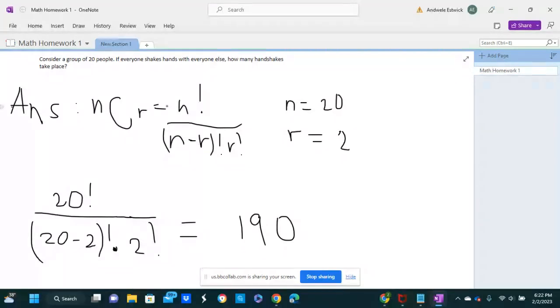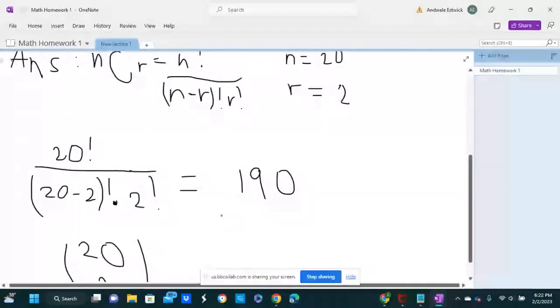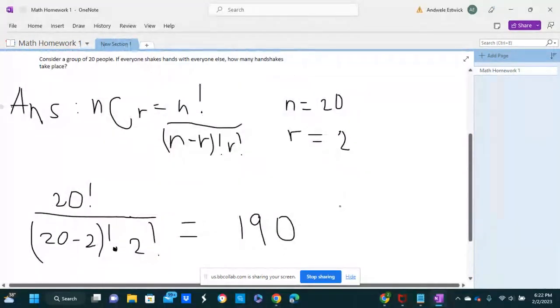The number of people is 20, and r is 2, because one handshake equals 2 people. So we start with 20 factorial over 18 factorial times 2 factorial, or 20 choose 2, and the answer is 190 handshakes.